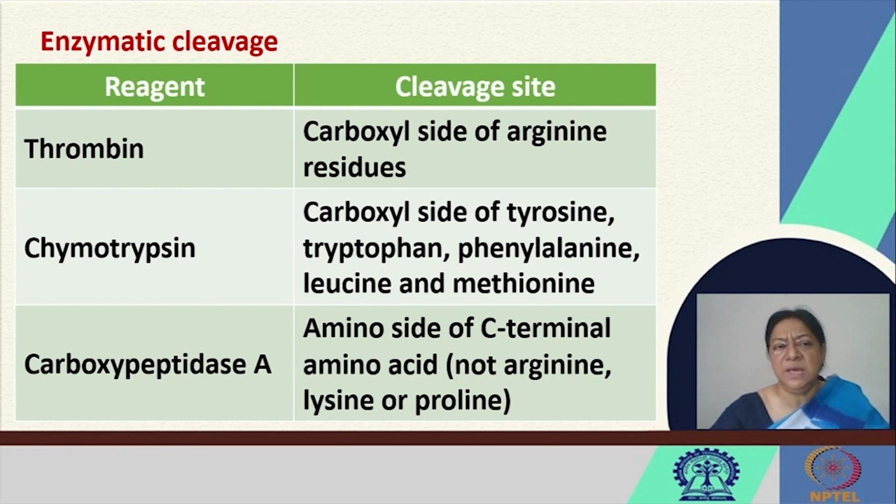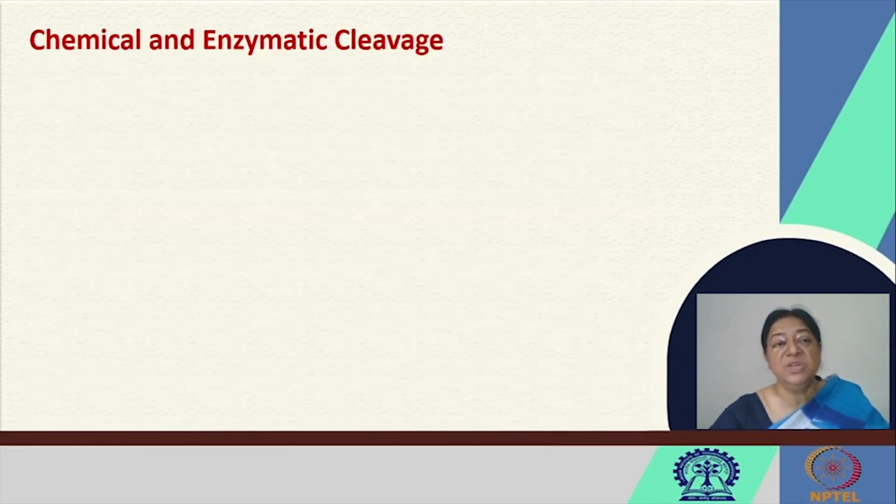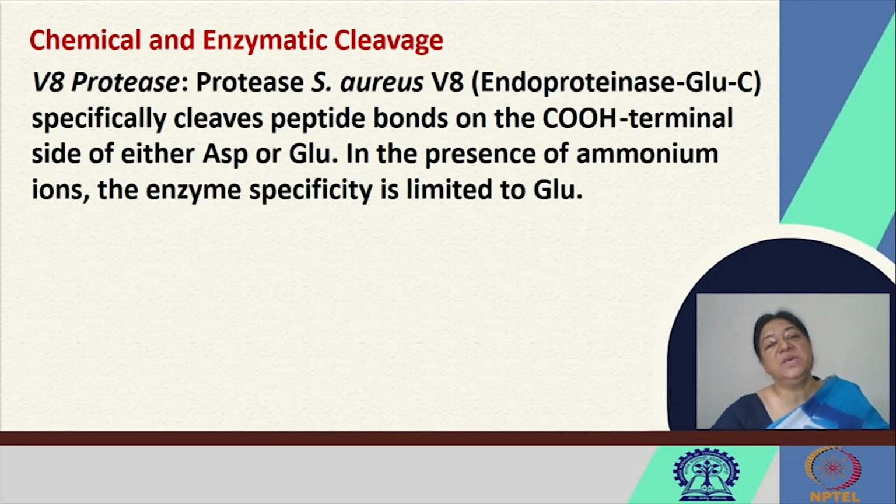There are many, many enzymes we understand that can cleave these peptide bonds at specific locations. Given that there are enzymes, we understand their specificity associated with their mode of action, and based on this we can look at the identification of peptide sequences.